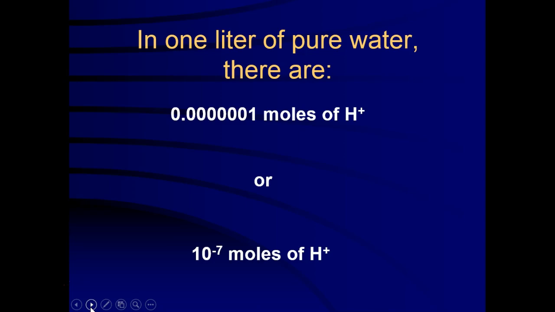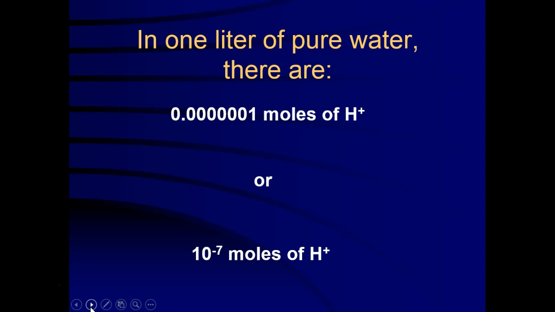Now, since water splits apart into equal amounts of hydrogen ions and hydroxide ions, if we measured the hydroxide ion concentration, it would be exactly the same, 0.0000001 moles.